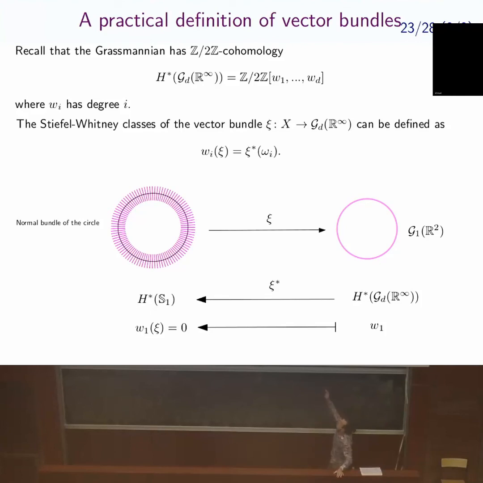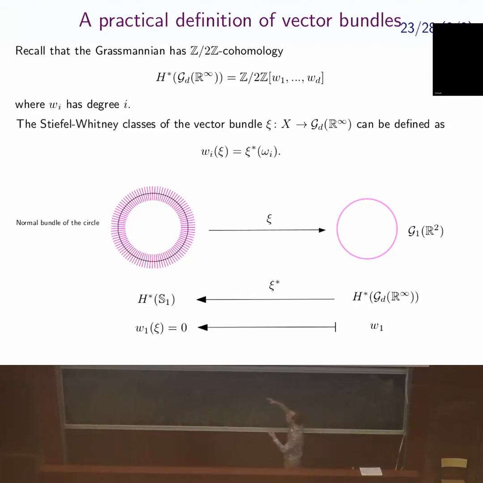So w_i is of degree i. Now, if I have a vector bundle ξ from X to the Grassmannian over R^∞, I can take the image of these generators of the Grassmannian, and these images exactly are the Stiefel-Whitney classes of the vector bundle. This is a way of defining the Stiefel-Whitney classes.